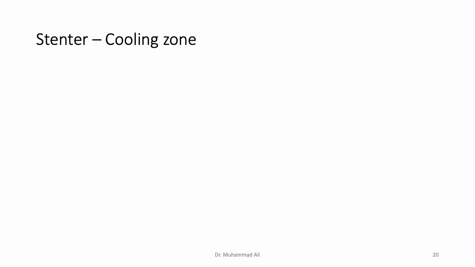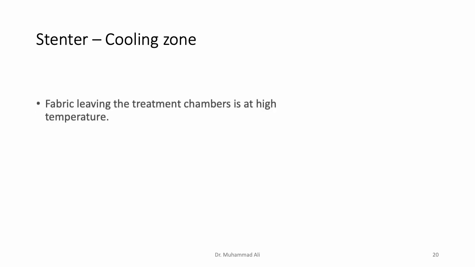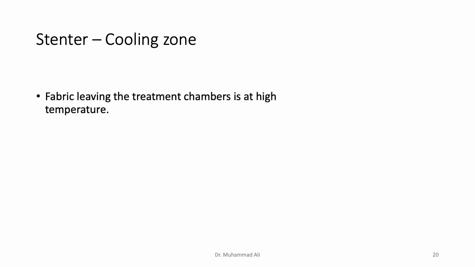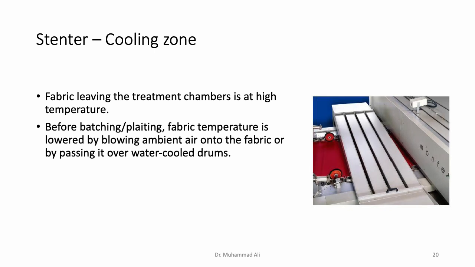After the fabric leaves the treatment chambers, it is passed through a small cooling zone. The reason that we need a cooling zone is because the fabric leaves the treatment chambers at a very high temperature, and before the fabric is stored in a batcher, or if it's plated in a trolley, the fabric temperature has to be lowered.